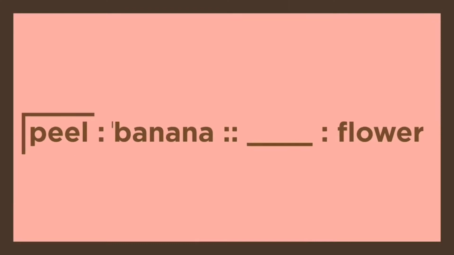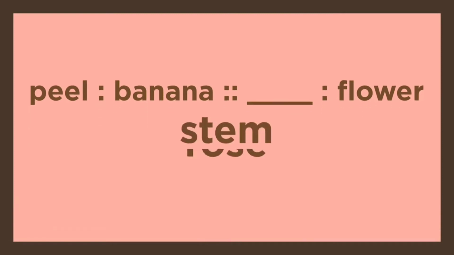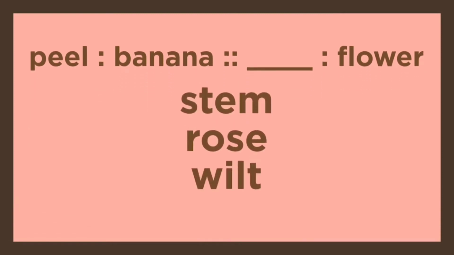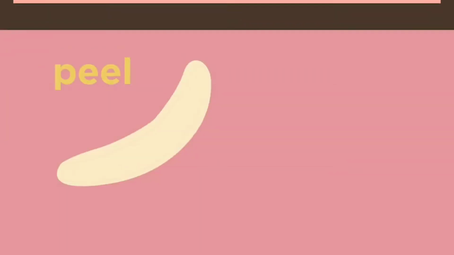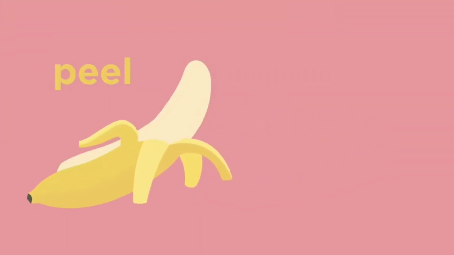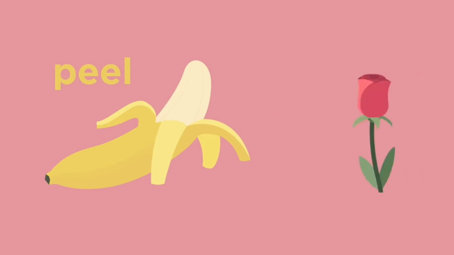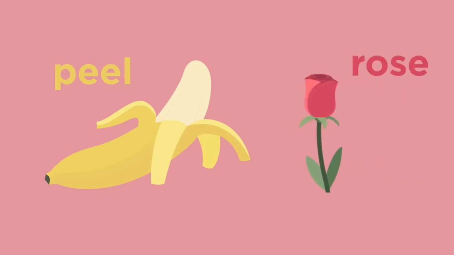What word completes this analogy? Peel is to banana as blank is to flower. Is the correct answer choice stem, rose, or wilt? Identify the relationship between the first set of words. A peel is a part of a banana and a rose is not part of a flower.